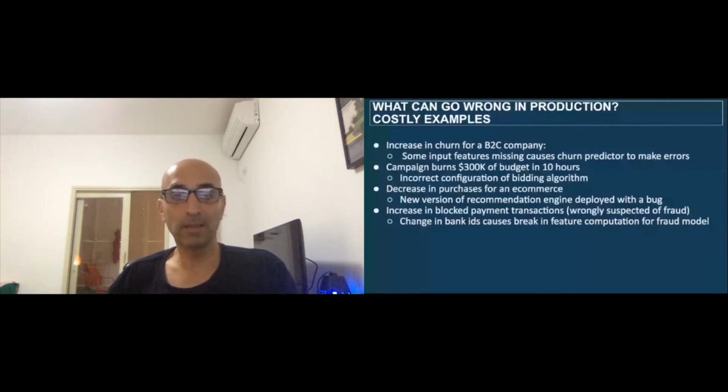That instance of the model basically outbid everybody and burned this budget, which was meant to last for about three months. An e-commerce company had released a new recommendation engine that had a bug. After a few months, they realized that they had a decrease in purchases, and it was because the recommendation engine was not converting as it did before.